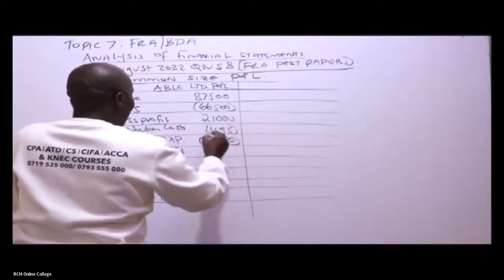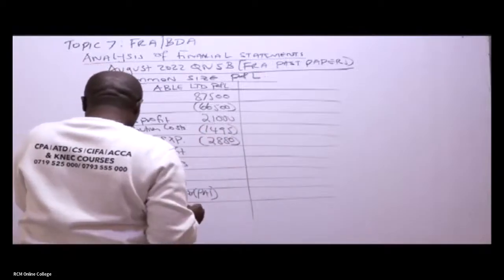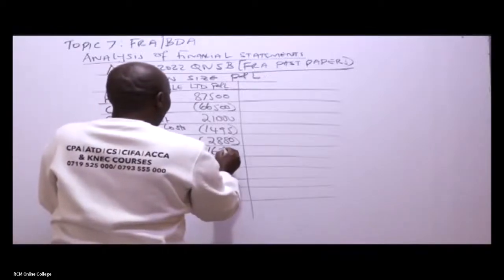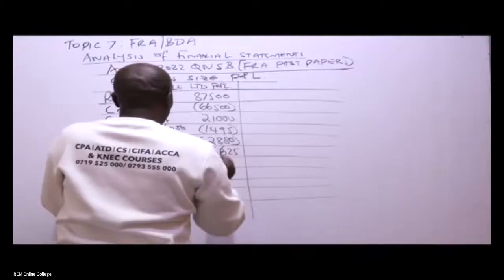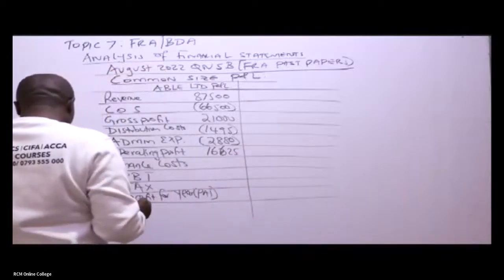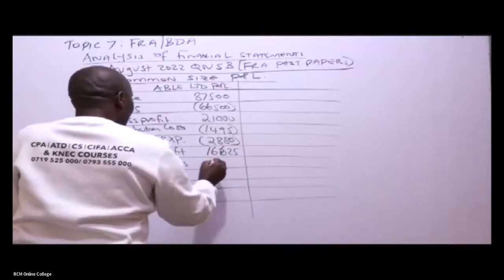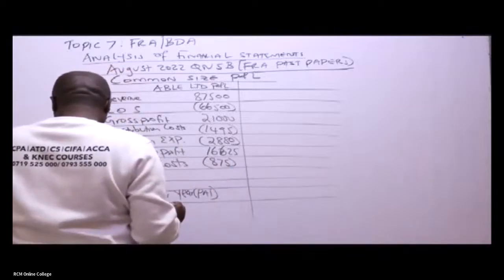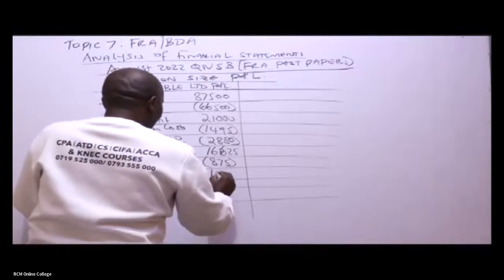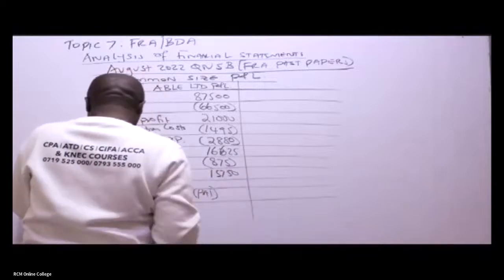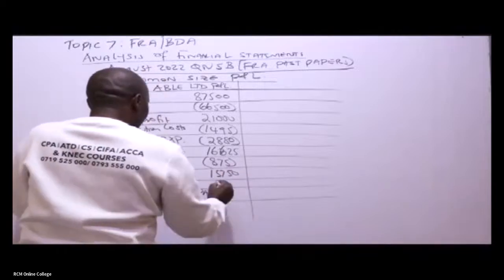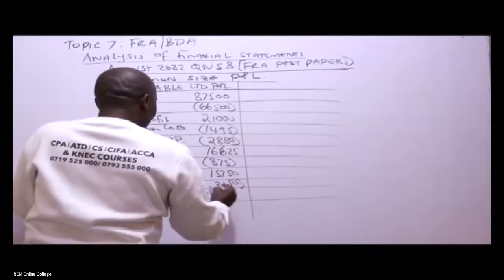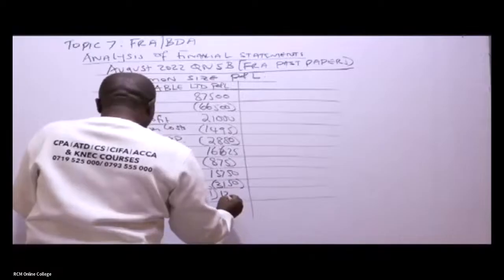The two are being deducted to give us an operating profit of 16,625. Of which I can see the finance cost is 875, giving me a profit before tax of 15,750. And then we have here 3150, the tax, giving us 12,600.